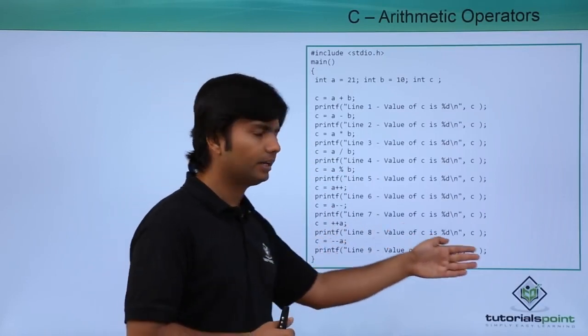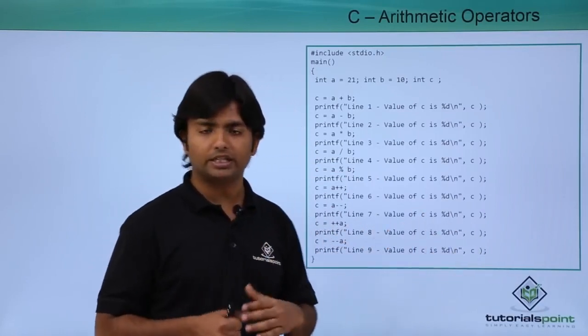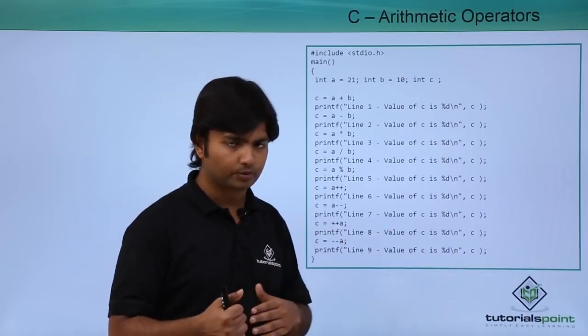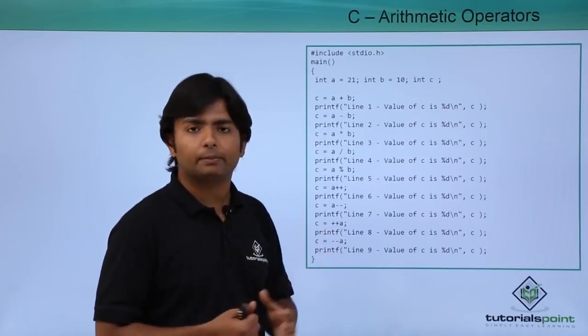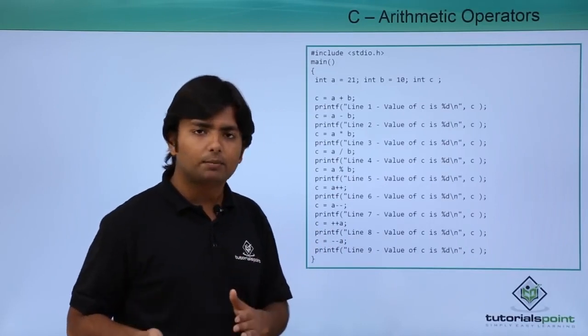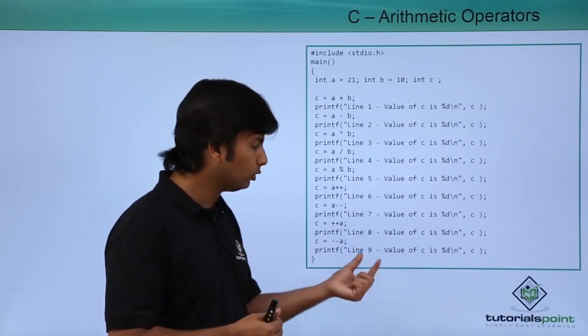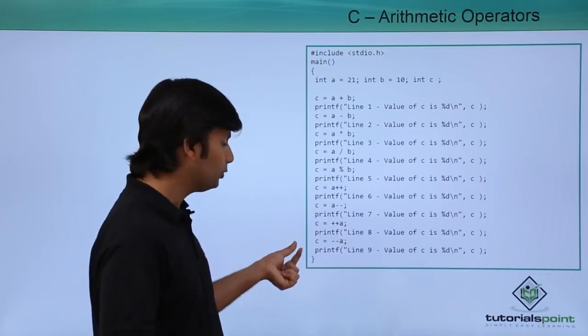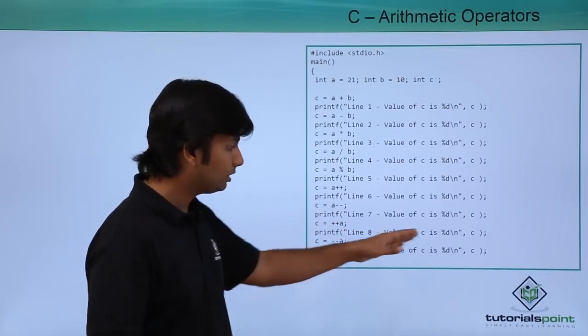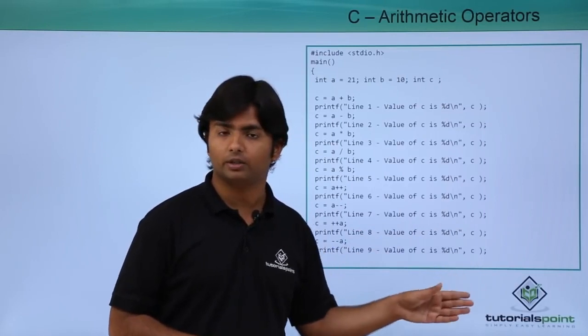So in line 8, you will observe that you are getting 22 in the result. And finally in line 9, you can see pre-decrement. Pre-decrement means the decrement will happen before the assignment. So this 22 will become 21 again, and then the value will be assigned to c, and then you will be able to see the value.